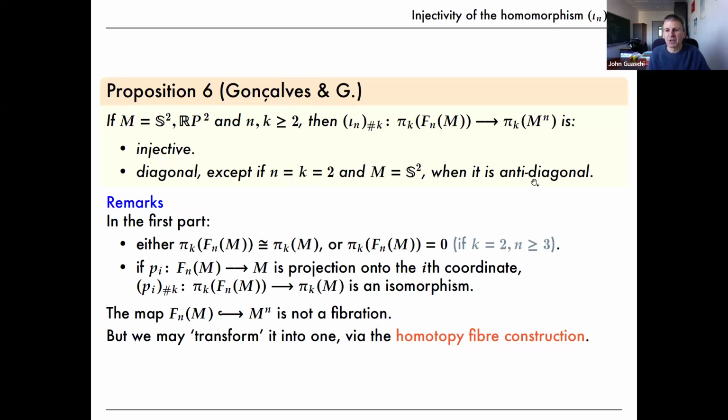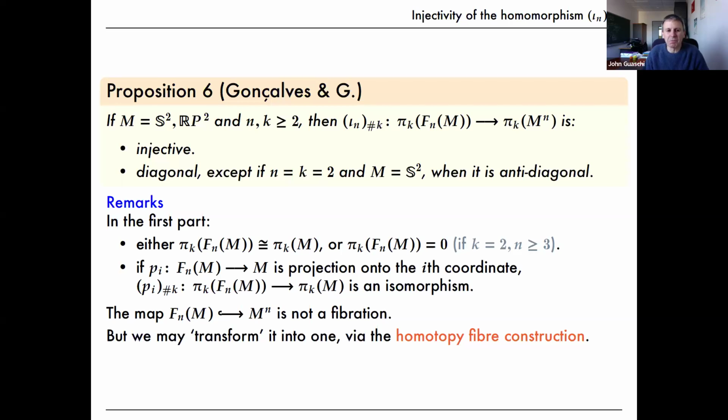The intuitive justification for this, at least for it being diagonal, is that each coordinate plays the same role as the others. There's no reason to prefer one coordinate over another.